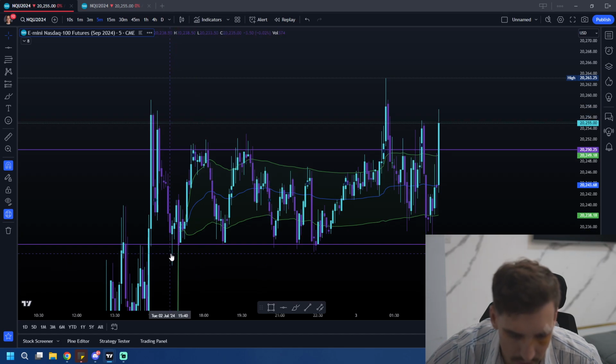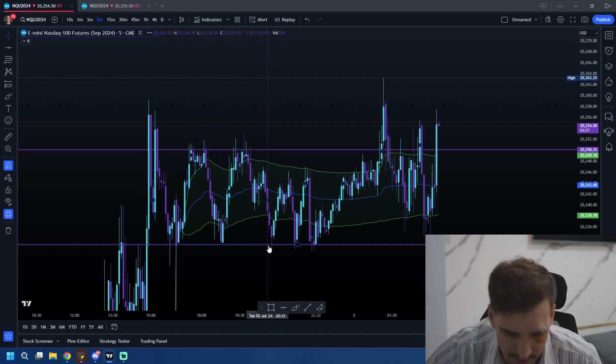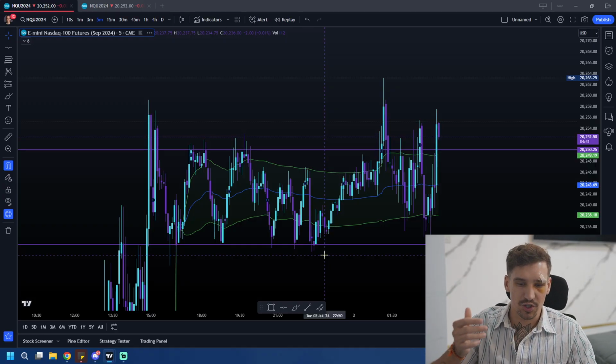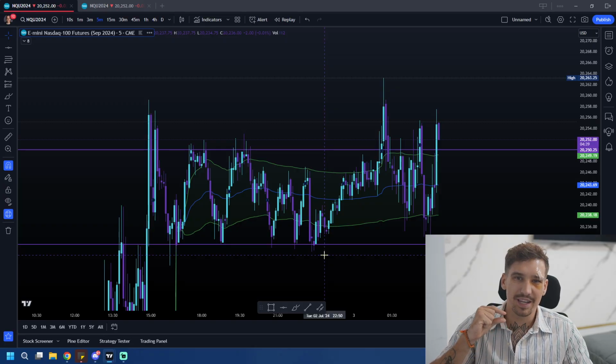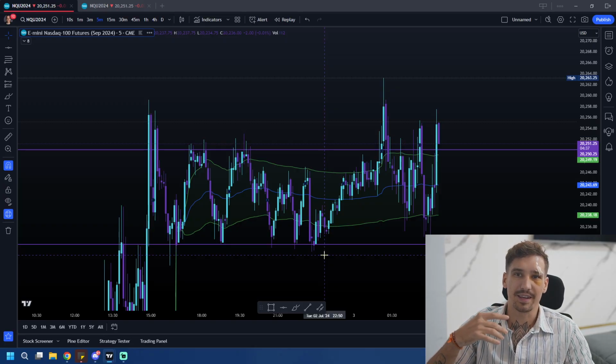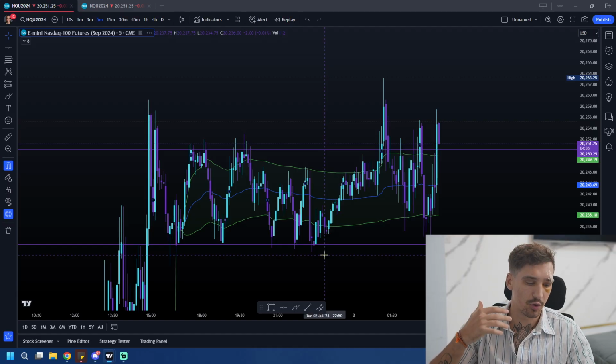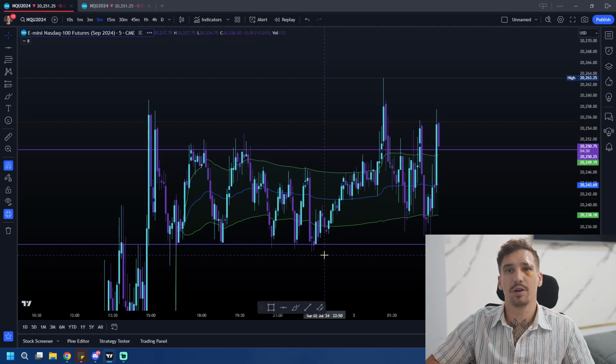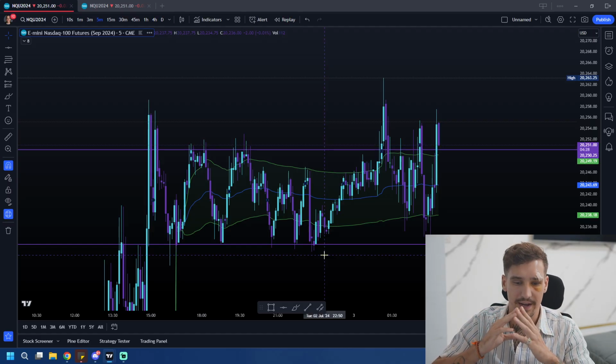You never know how big the sweep's going to be, but over here we can see, boom, swept this low just a little bit. This low swept the previous one right here just a little bit. And then this one over here swept it just a little bit more. So you see what I'm saying? NASDAQ loves to do just those little bitty sweeps if it's not going to take a giant move in the direction. Okay? So that's one thing we need to always be aware of when trading NASDAQ.